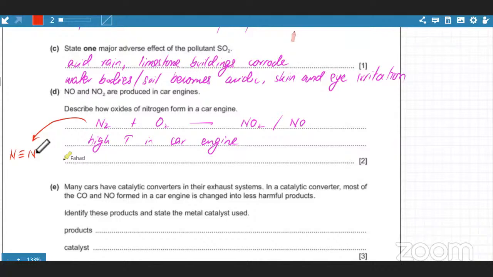If they have very high kinetic energy, the molecules are going to bump into each other very vigorously and the bond is going to break. So high temperatures in a car engine provide sufficient activation energy for the reaction.